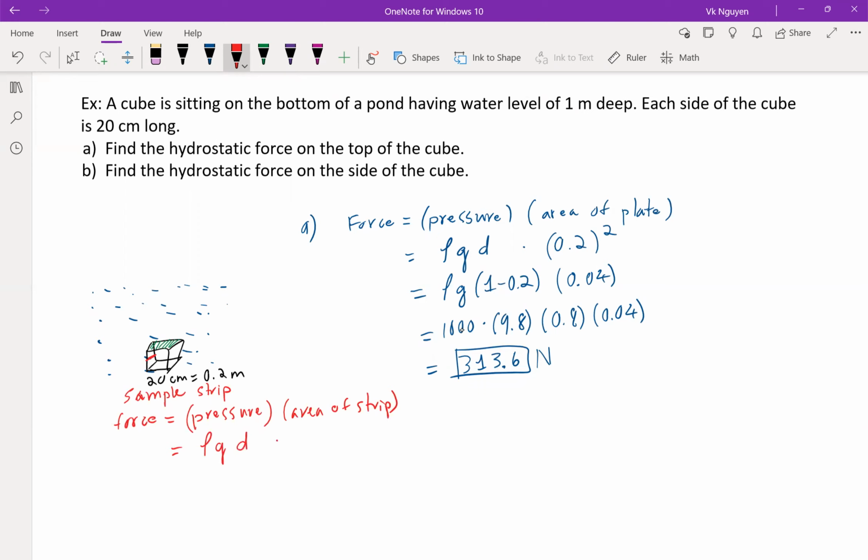The area is length times width. If we use the y-axis, the distance from the bottom to the strip is y, so the distance from the top to the strip would be 1 minus y.